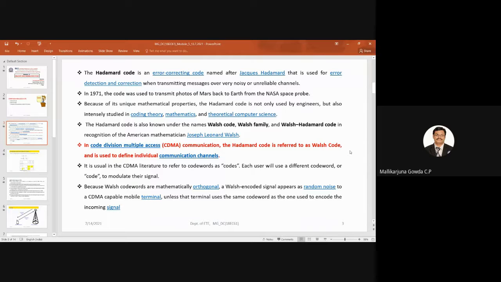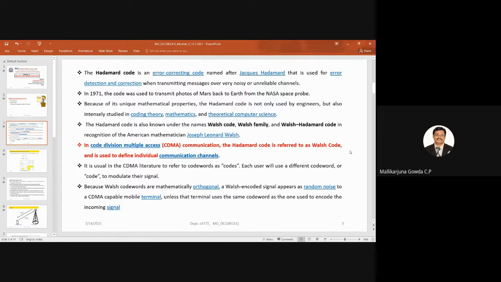And as I said, these Walsh code words are mathematically orthogonal. So the Walsh-encoded signal appears as random noise to a CDMA-capable mobile terminal unless the terminal uses the same code word as the one used to encode the incoming signal. Whatever Walsh code we use at the transmitter side, the same Walsh code needs to be used at the receiver side to get back the signal.